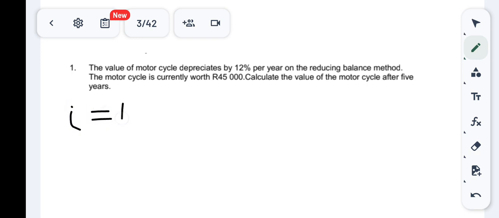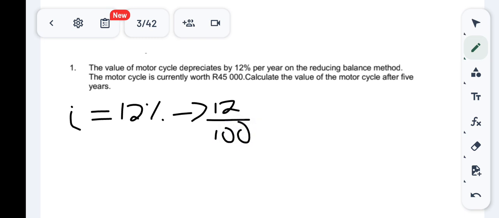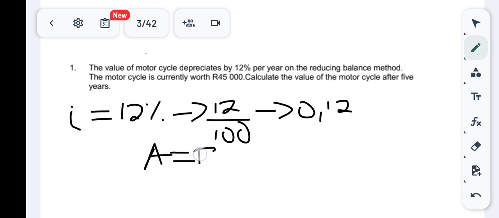So we are given the interest rate of 12%, and of course we need to convert that. 12% is the same as 12 over 100, which is 0.12. On the reducing balance method, you write your formula down: A equals P into 1, and we said the reducing balance method is the same as compound interest, but we write a minus instead of a plus sign.